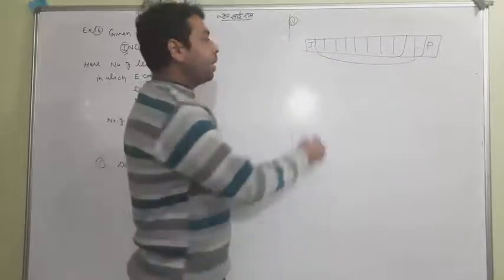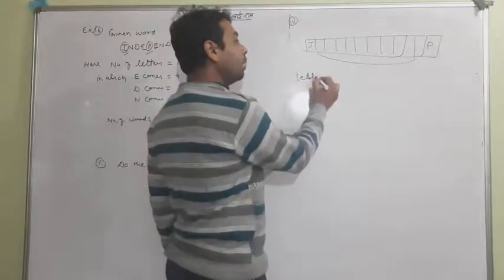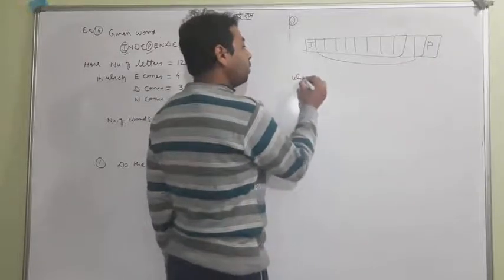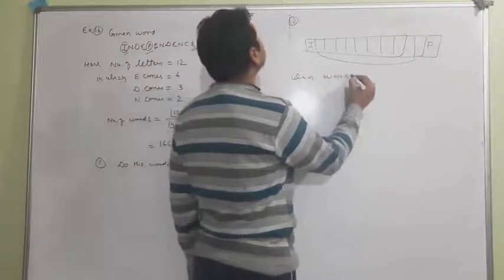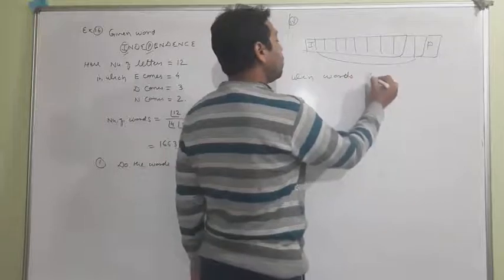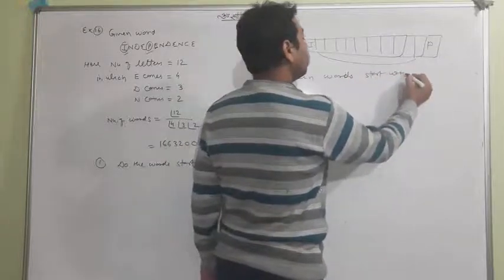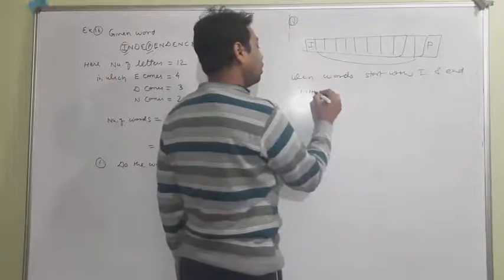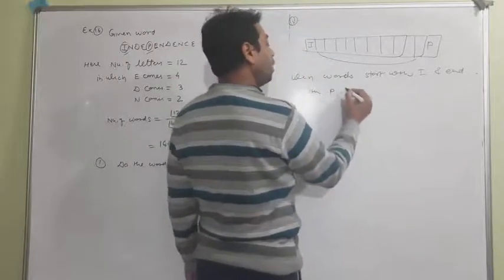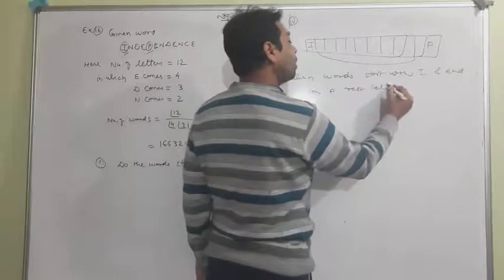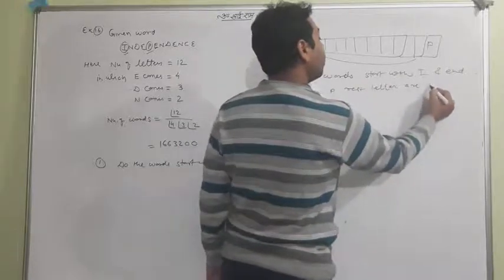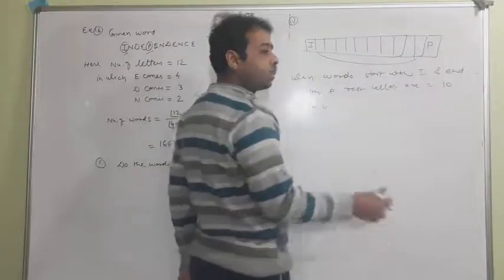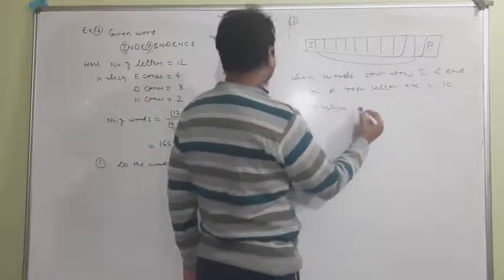After assuming I and P, I will write when words start with I and end with P, the rest letters will be, how many? 10. We have 10 letters, in which again the same repetition came.